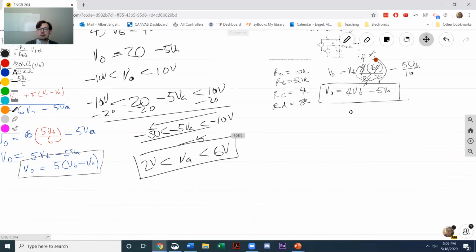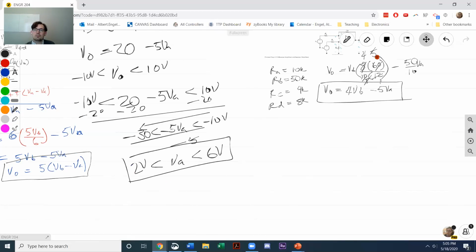We're repeating this. I now know what VB is. I want to find that same value. If I know that VB is 4, that's step 1. This is really setting up V naught, right? The second step here, let's switch colors. The second step is we're going to plug in VB.